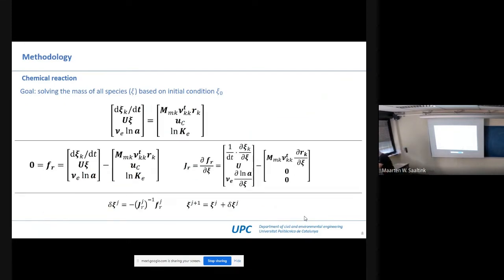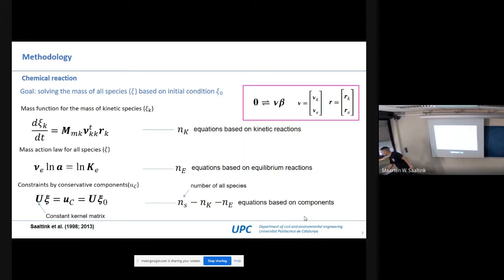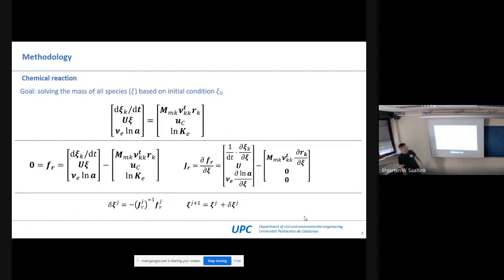In the last step, we put all these three in a matrix, and we have this function system. We put this system in Newton-Raphson form, because we want to solve it with the Newton-Raphson method. We move all these functions to one side and get this form.